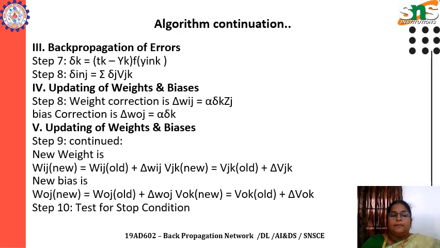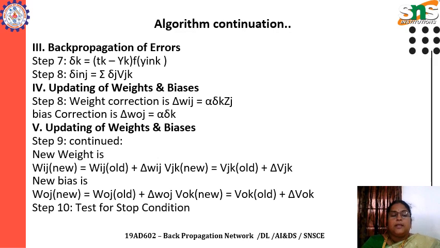The del w is the weight correction, which is equal to alpha into del k zj, where alpha is the learning rate and z is the output. Similarly, the bias correction is denoted as del wj, which is equal to alpha into del k. So this step will be executed, and weight updation and bias updation will be continued.